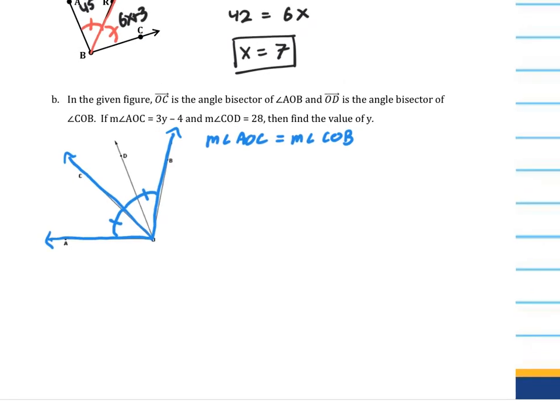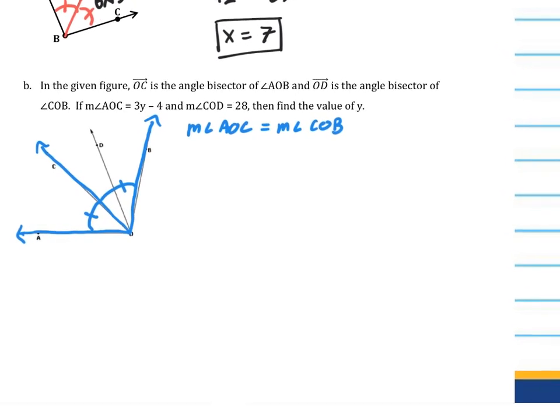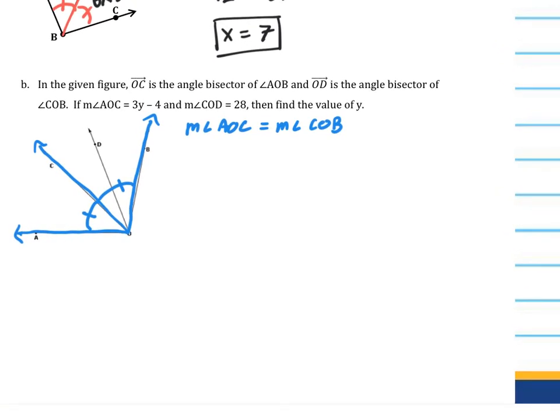We're just going to leave that off to the side as a helpful tidbit that we might use later on. Okay, the next part it tells us is that OD is the angle bisector of angle COB. That's the smaller angle here.